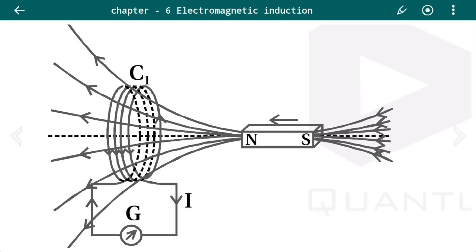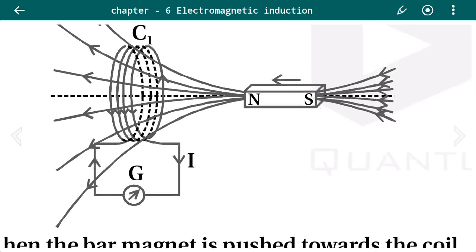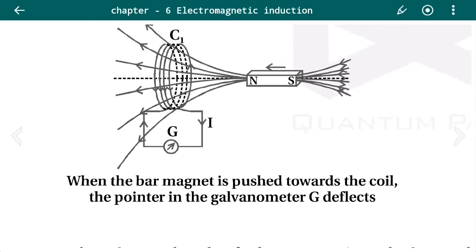That means the current is induced in this coil C1, right? Deflection shows the presence of the current in the coil. So when the bar magnet is moved either away or near to that coil, then the current is induced in the coil.